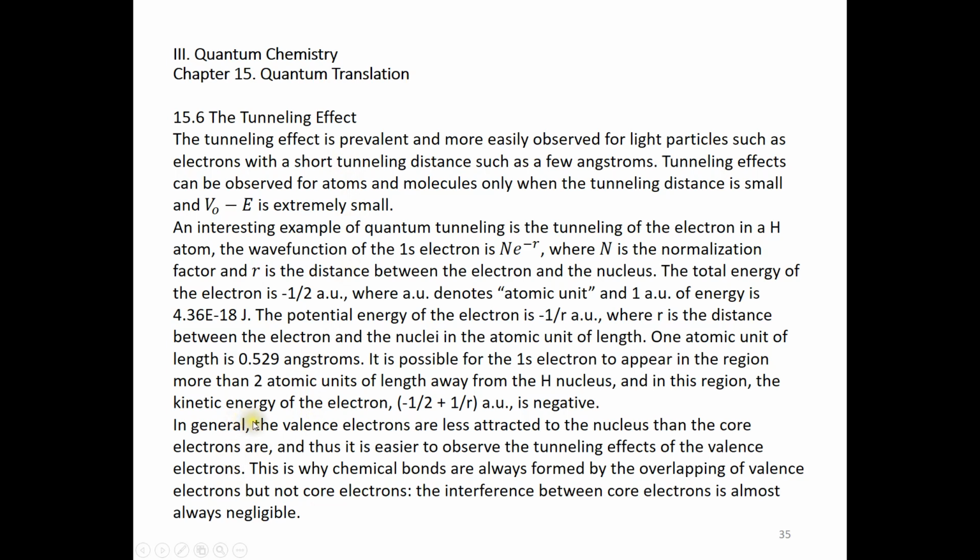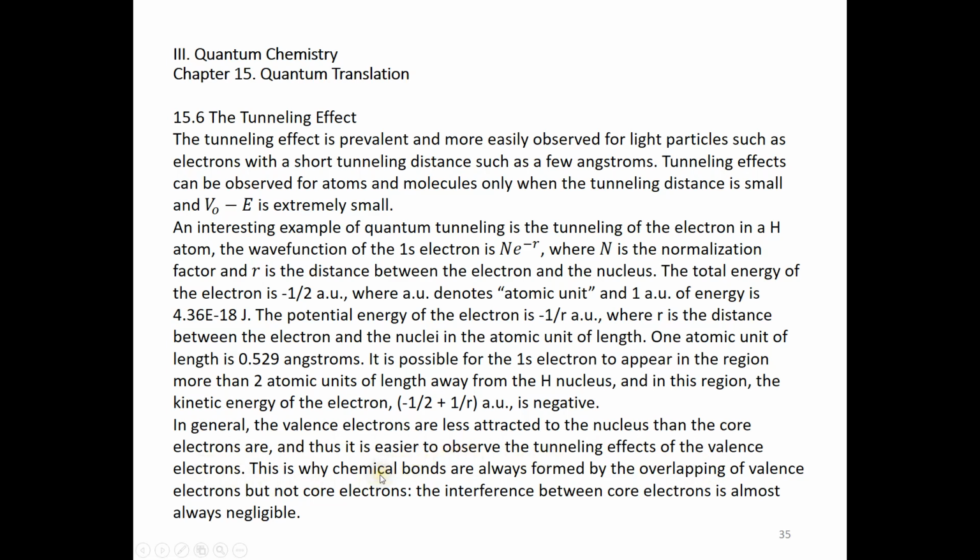In general, the valence electrons are less attracted to the nucleus than the core electrons. So it's easier to observe the tunneling effects of the valence electrons. The energy it takes to remove a valence electron from an atom or molecule is just much smaller than the amount of energy to remove a core electron.